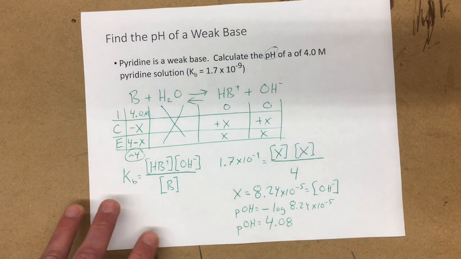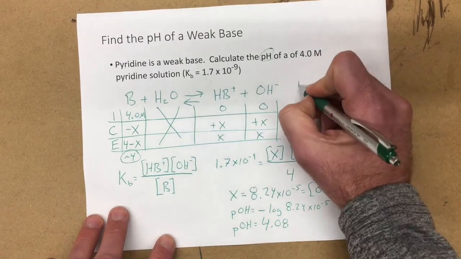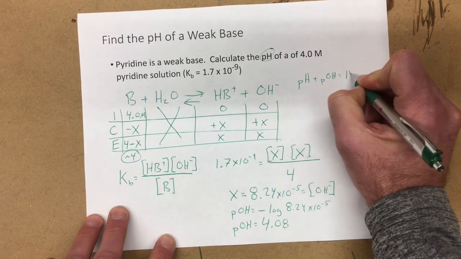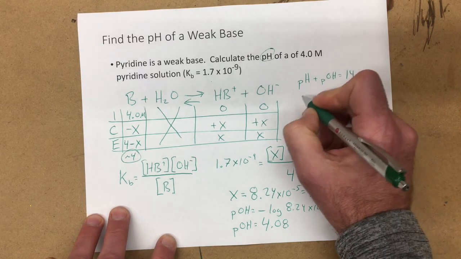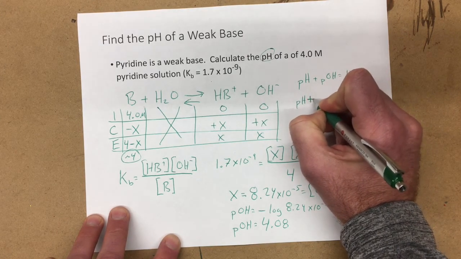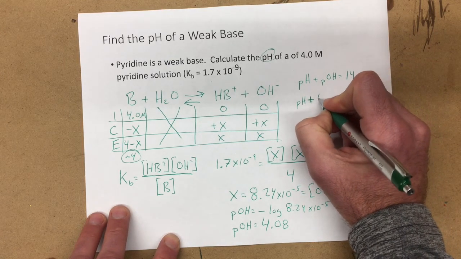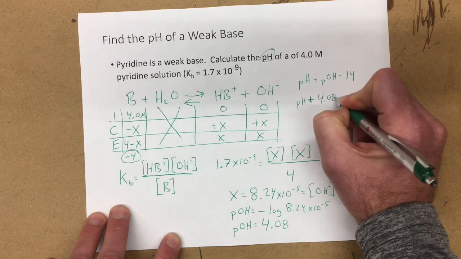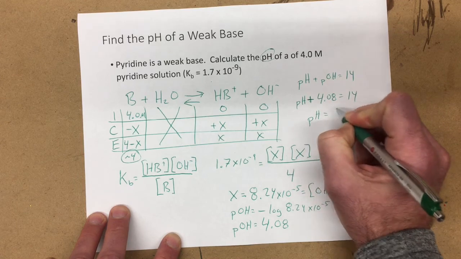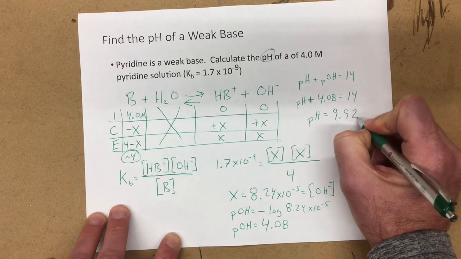Okay, pOH is not the same as pH, but there's a pretty easy equation that relates the two. pH plus pOH is equal to 14. And so pH plus 4.08 is equal to 14, and so pH is equal to 9.92.